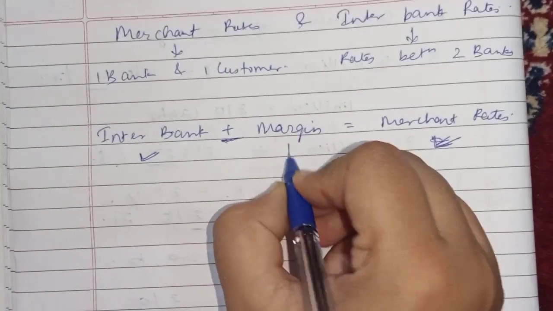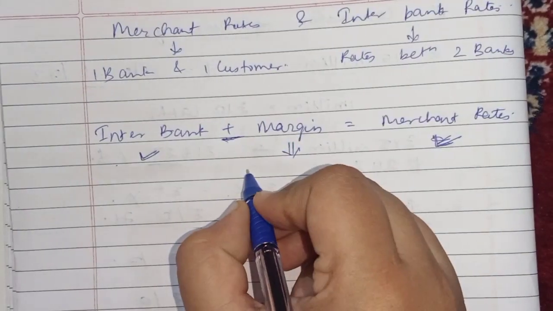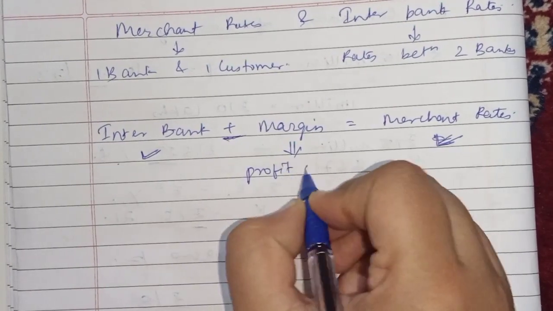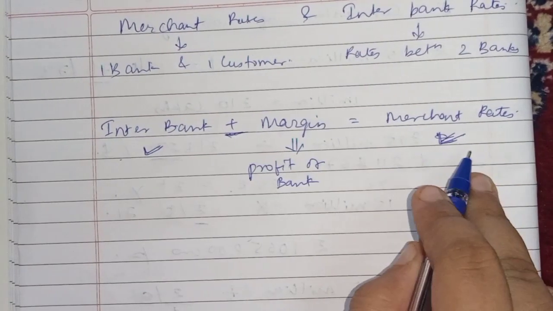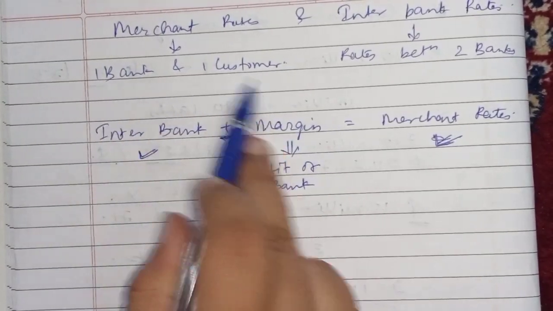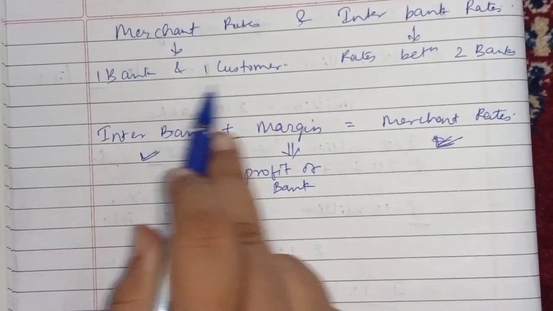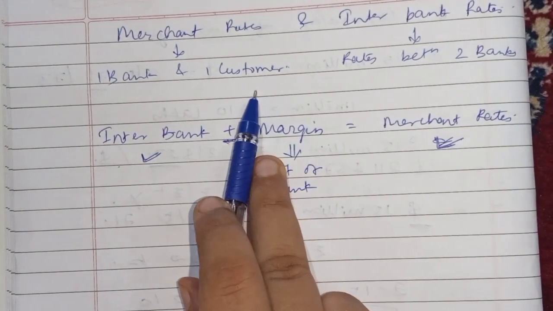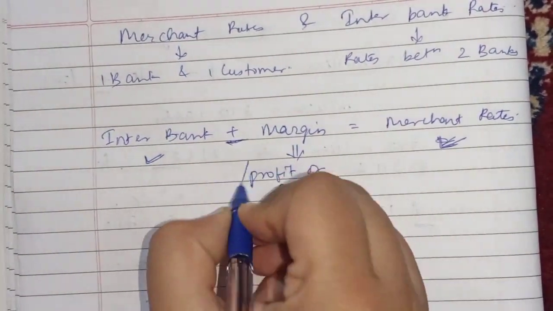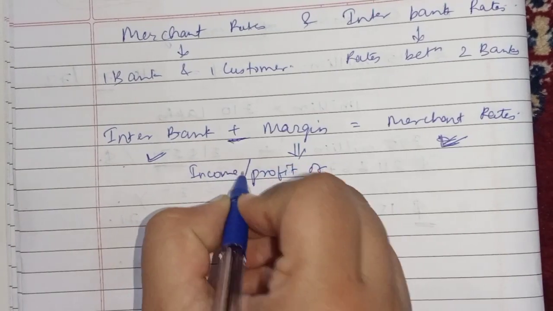So you can understand that this margin is nothing but the profit of banks which they earn when they are dealing with the customers. Since merchant rate is the rate between one bank and the customer, they earn the profit when they are dealing with the customer. It can also be treated as the income.